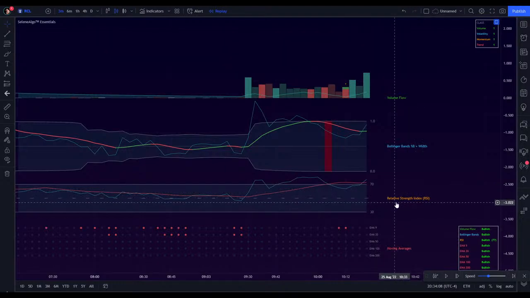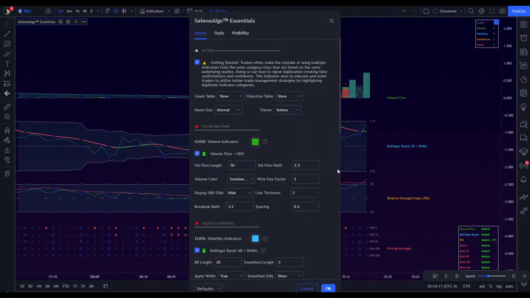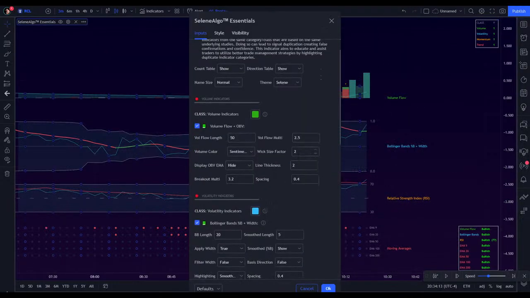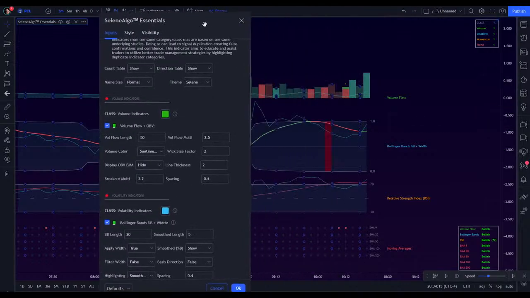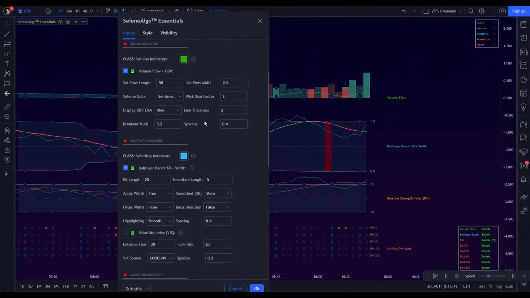So we'll actually go through what all is in the essentials. So you have volume flow plus OBV, which we're seeing right there at the top. Go ahead and just turn them all on if you want, just to show. Oh, sure thing. We also have the Bollinger Band, so this is our volatility indicator.